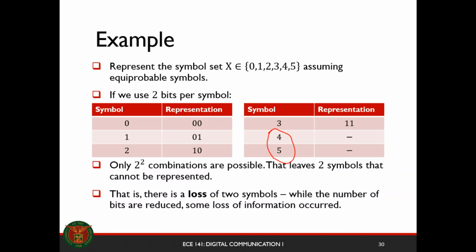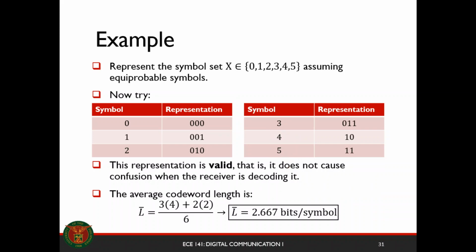Now let's try something like this. For the set from 0 to 3, we represent the first bit as 0 and then append 2 bits to represent the different data from 0 to 3. Then for 4 and 5, the first bit is 1, different from the first four, where the first bit is 0, and you need one more bit to represent whether it's 4 or 5.